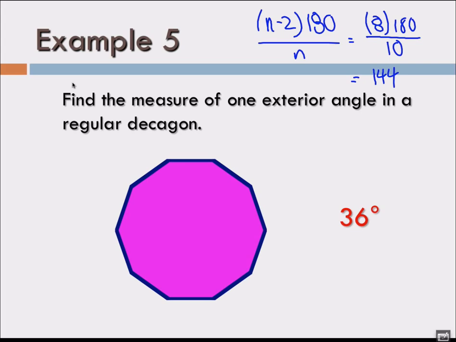But now that we know the exterior angle is 36, and these two angles are supplementary because they're a linear pair, 180 minus 36 equals 144. So you have two options now, and you can use either one.